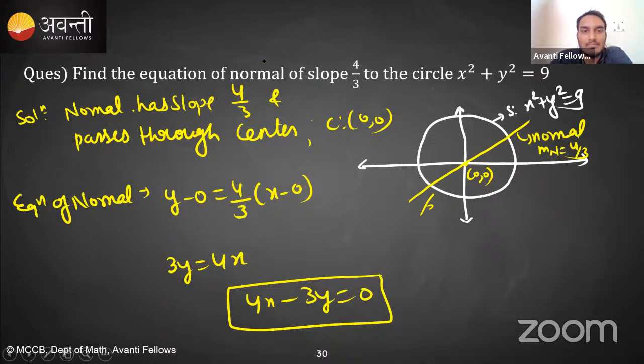So do you now understand how to find the equation of normal? Is there any doubt? Tell me in the chat box if you have any doubt regarding this. Any doubts? So the slope is known, and one piece of information we know is that the normal will always pass through the center of the circle. So slope is known, point is known, and the equation of normal is very easy now.